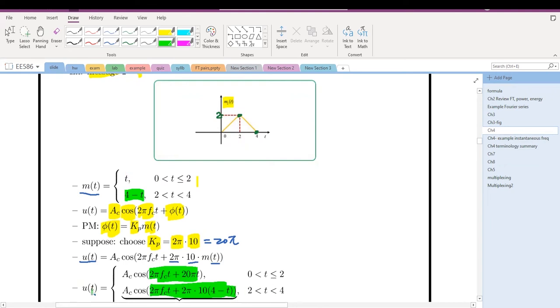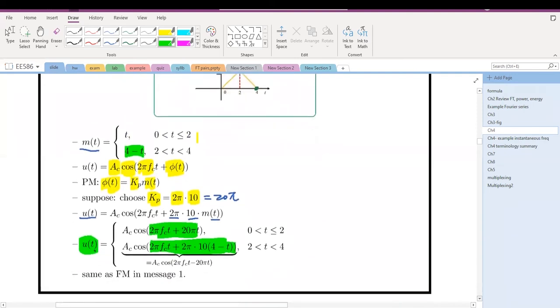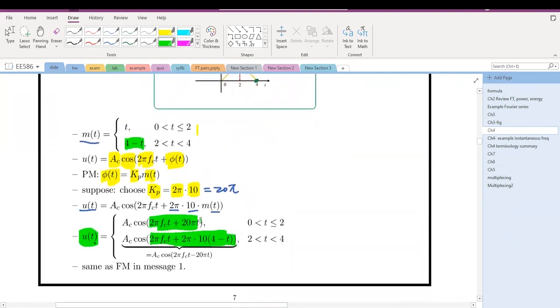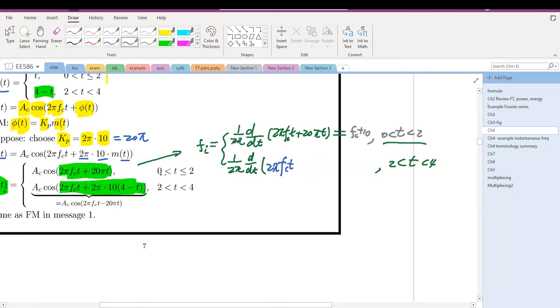If we want to plot the waveform of the modulated signal, we need to know the frequency. To obtain the frequency, we take the derivative of the angle divided by 2 pi. At t from 0 to 2, for the instantaneous frequency, we take the derivative of this angle and divide it by 2 pi.